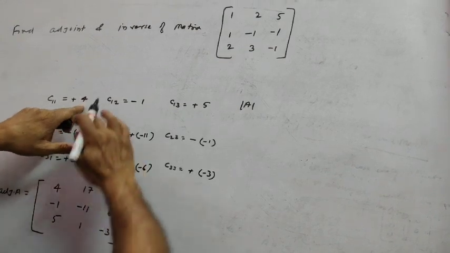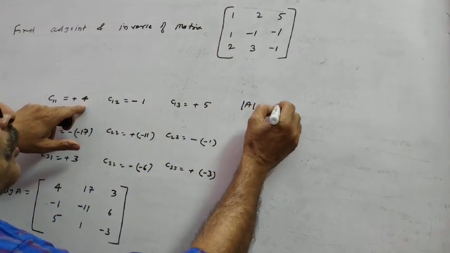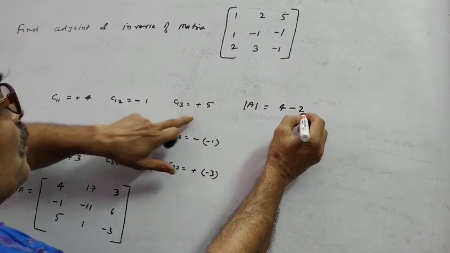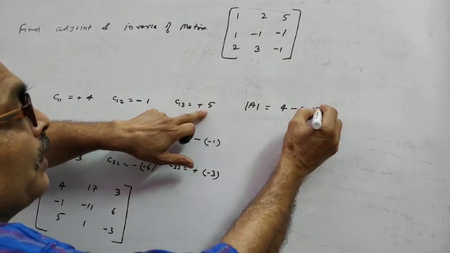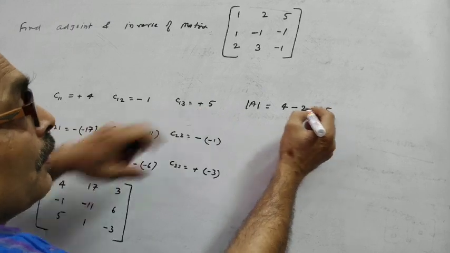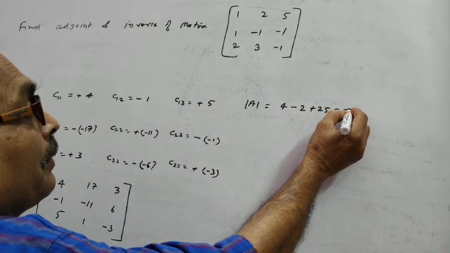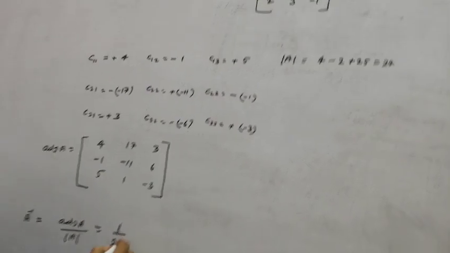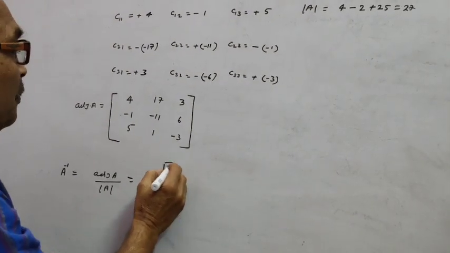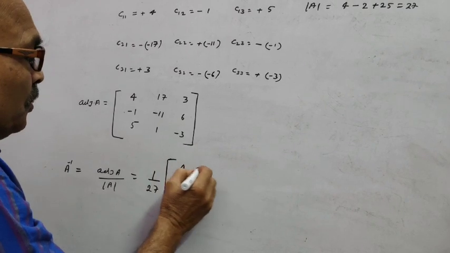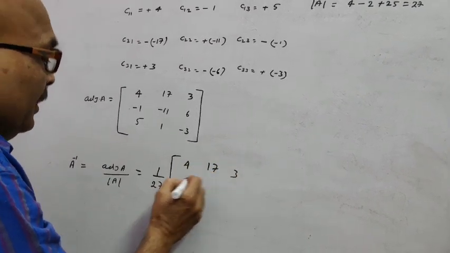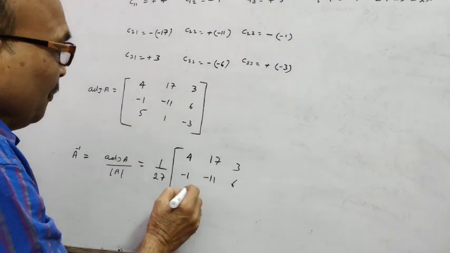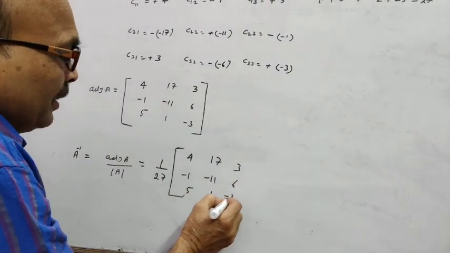That is 4 into 1, 4, plus minus 1 into 2, minus 2, 5 into 5, 25. 25 plus 2, that is 27. So this equals 1 by 27 into the matrix 4 17 3, minus 1 minus 11 6, 5 1 minus 3.